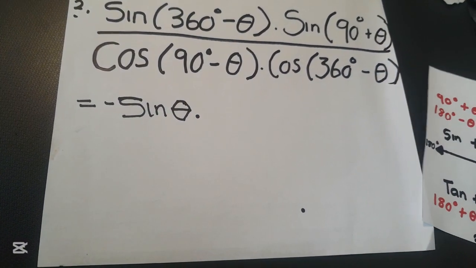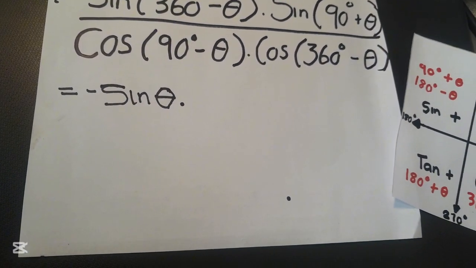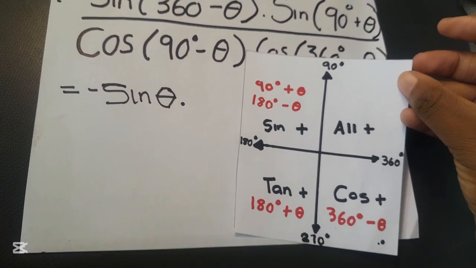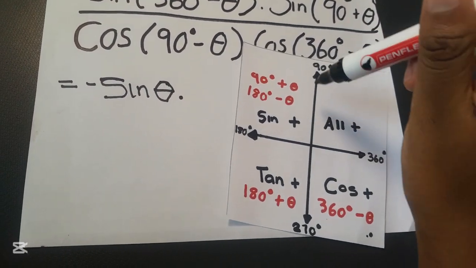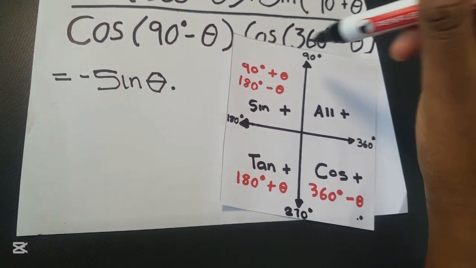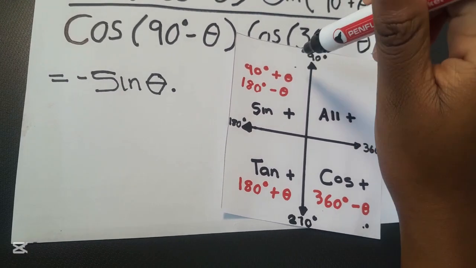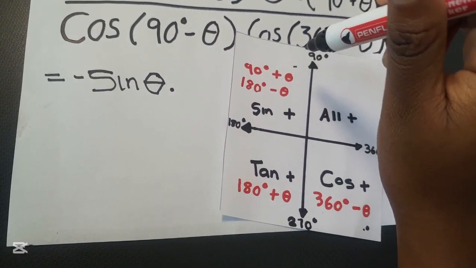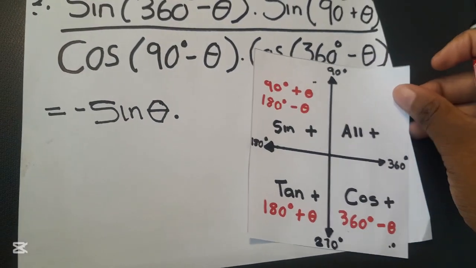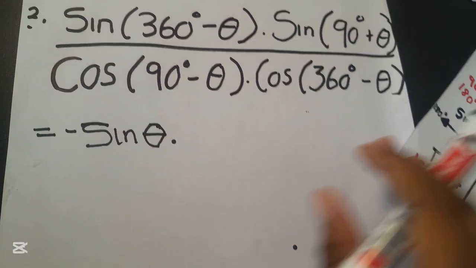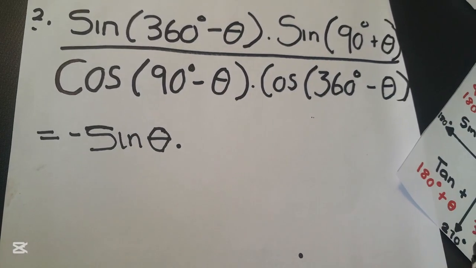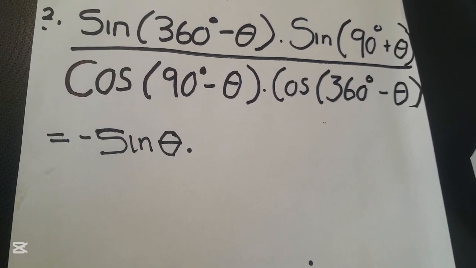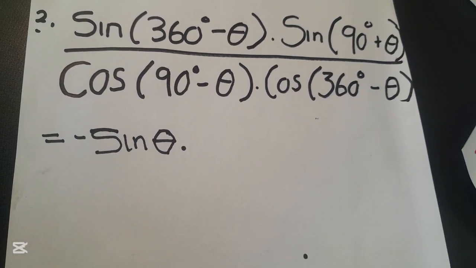The second one is sine(90 degrees plus theta). We know that 90 degrees plus theta lies in the second quadrant, and in the second quadrant sine is positive. So here we're going to change sine into cos, as I explained earlier; we're going to talk about that much later.